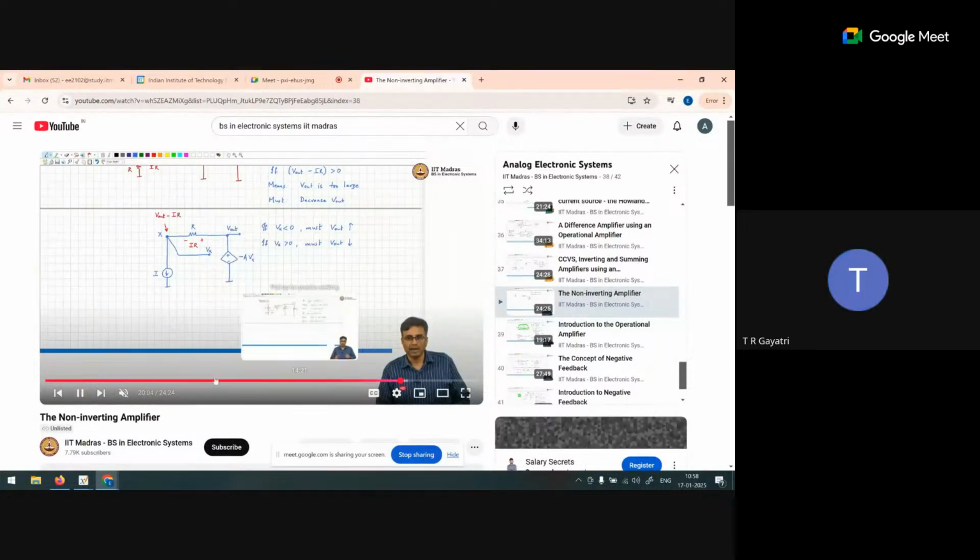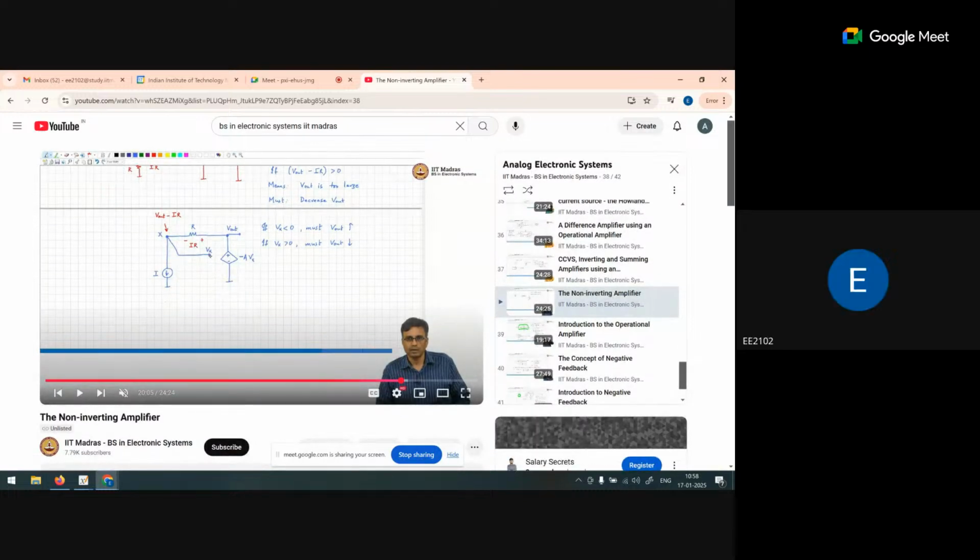So he wrote minus A into Vx, that part I got a little confused. Why are we taking the minus A into Vx? This is my Vx point. Now the current is going in this direction, the lower direction.